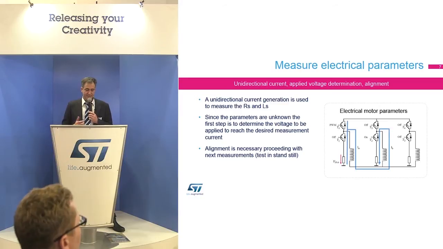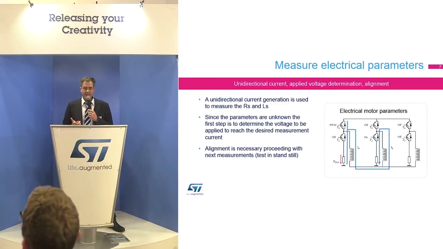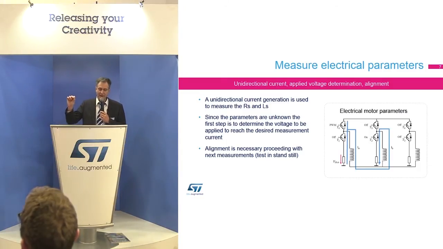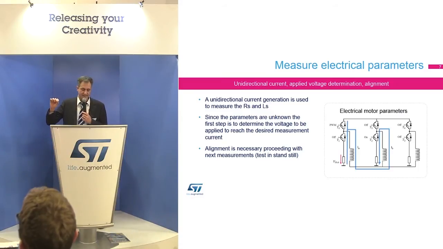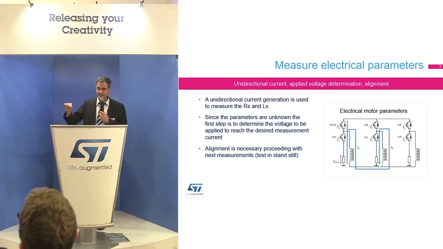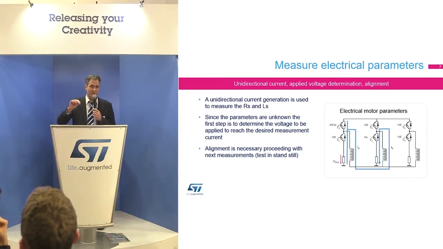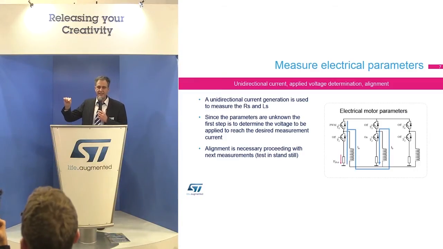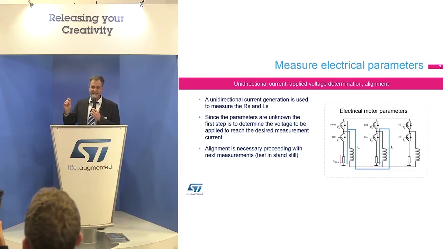Since the parameters are unknown, the first step is to determine which voltage to apply to reach the desired measurement current. So we ask the customer for the maximum current for that motor, and we need to understand which voltage we can provide in order to reach that measurement current.